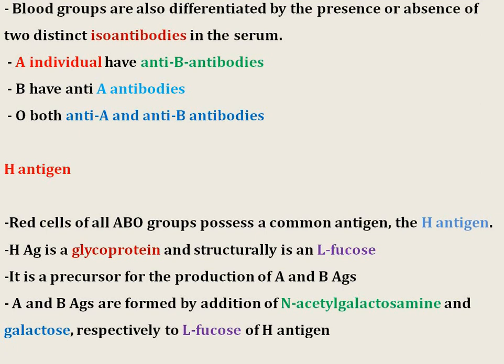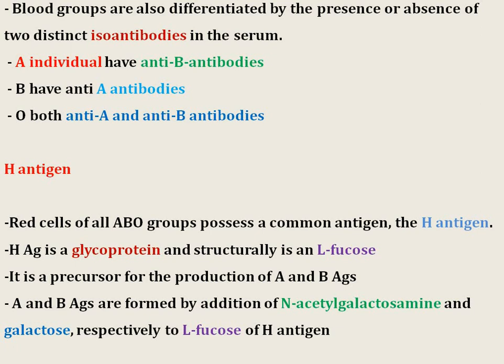A and B antigens are formed by the addition of N-acetylgalactosamine and galactose, respectively, to the L-fucose of the H antigen.